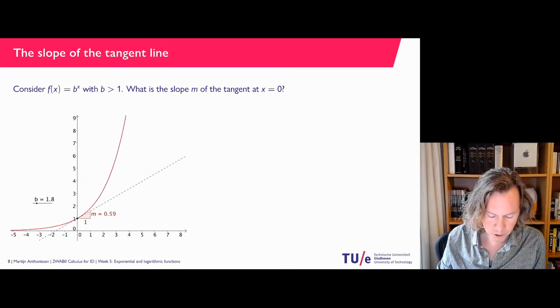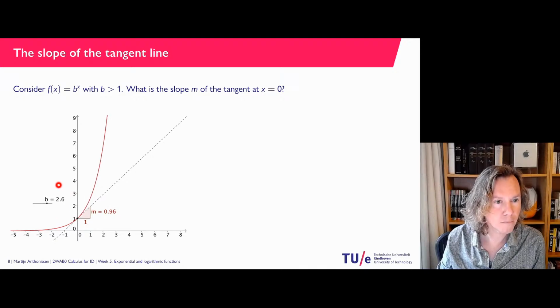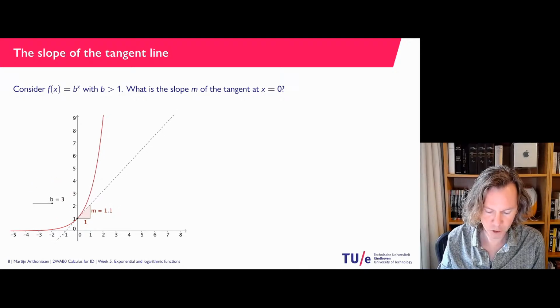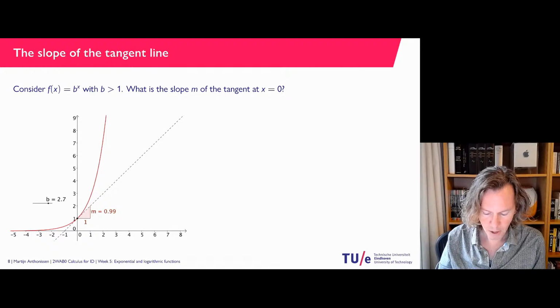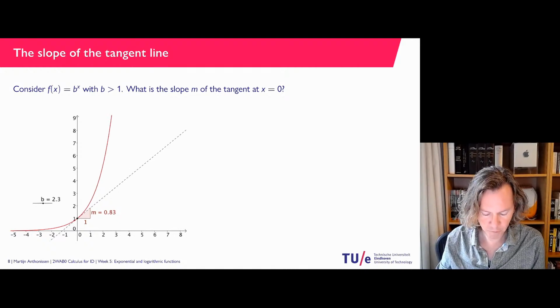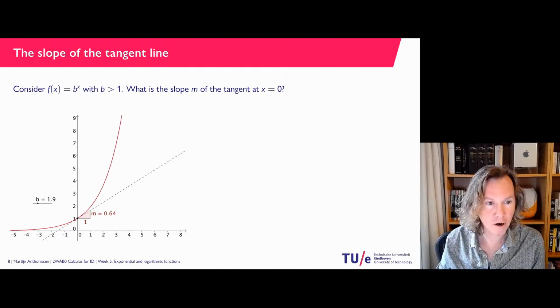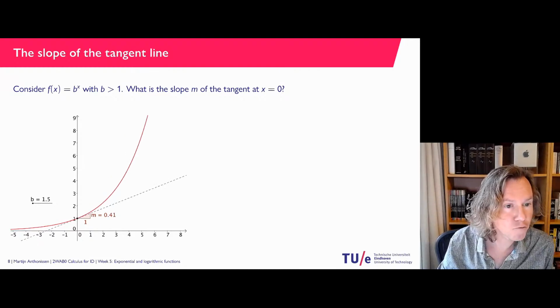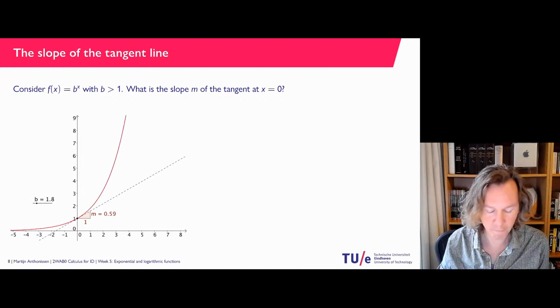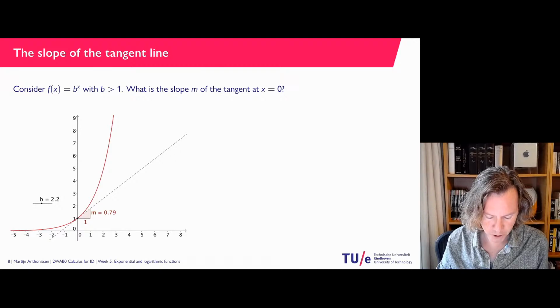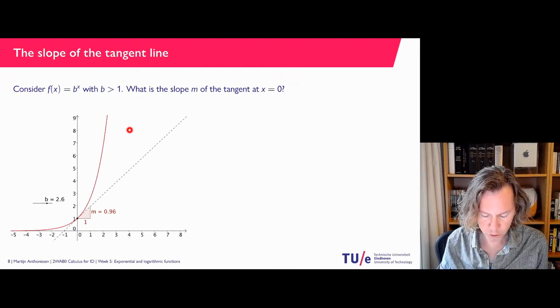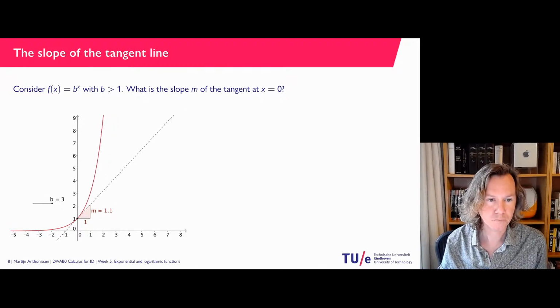So it's an animation and you see the b value, so the base of the exponential function. It is being varied here. So it is being varied in between 1.5 and for the maximum I think it goes up to 3. And you see if b is going up, then this graph is going to increase faster.